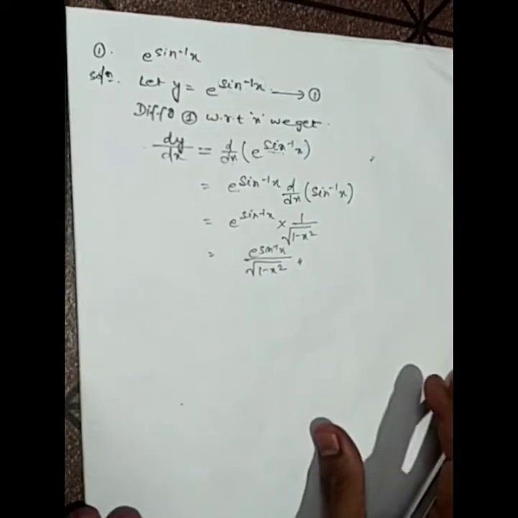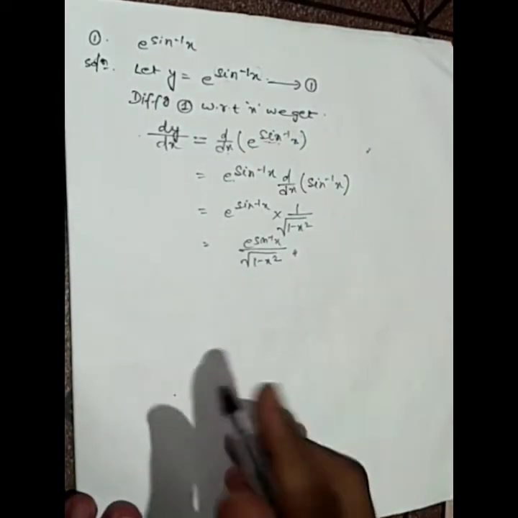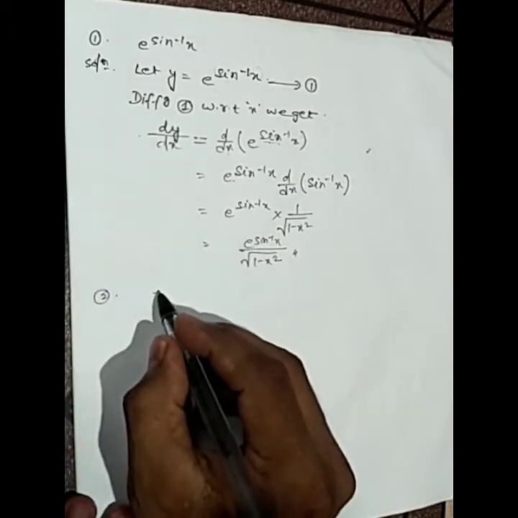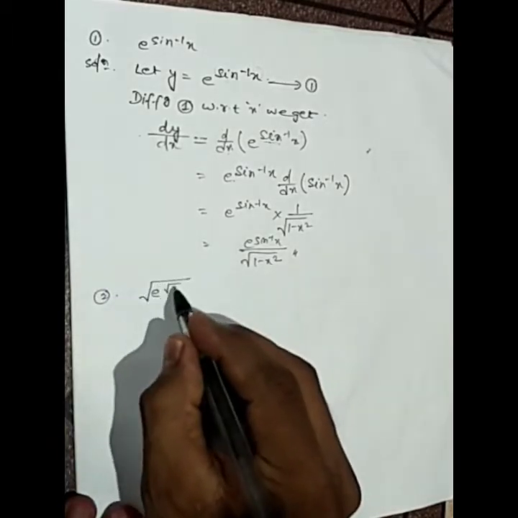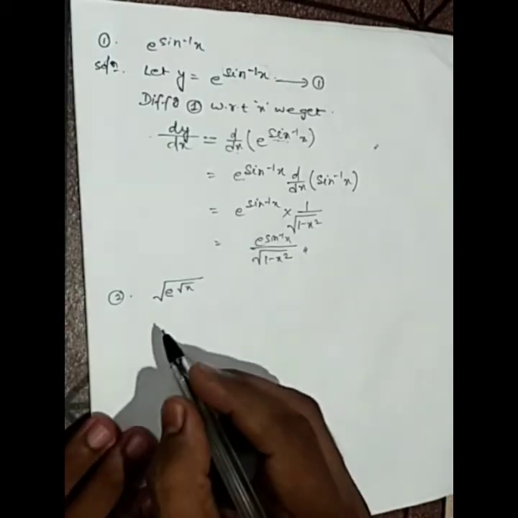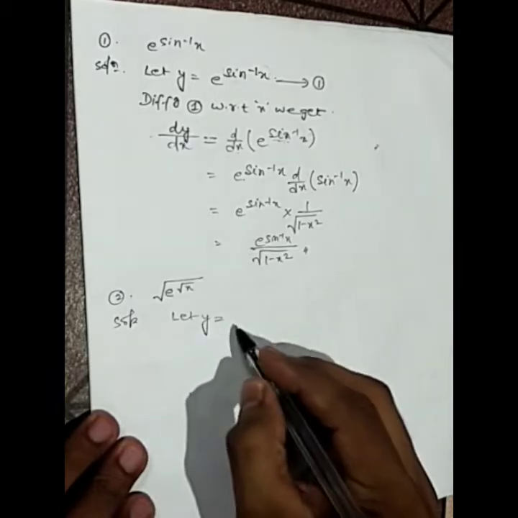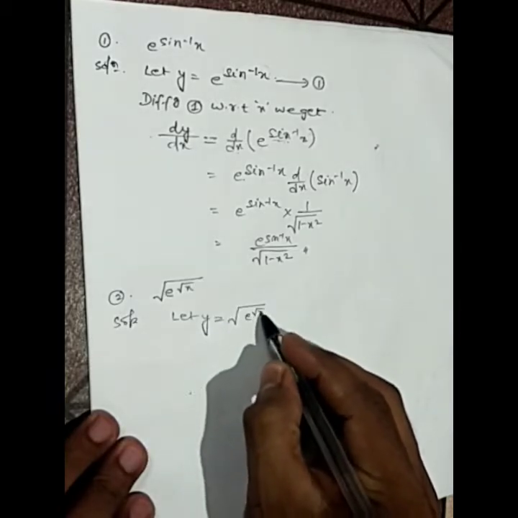Okay, next let us take another question. Suppose I am taking number 2 question, under root e to the power root x. So let y equal under root e to the power root x.